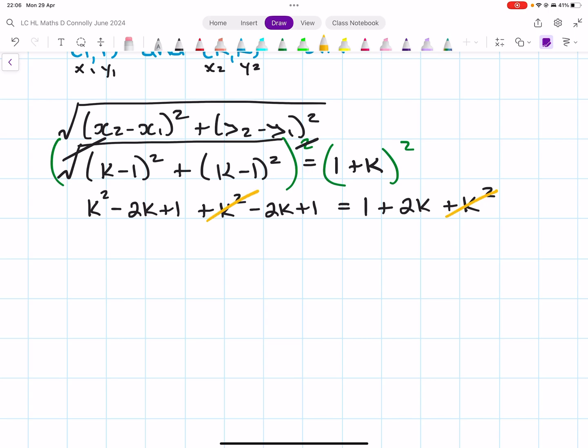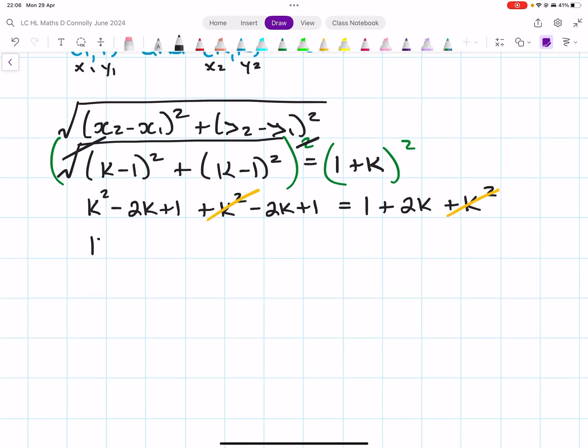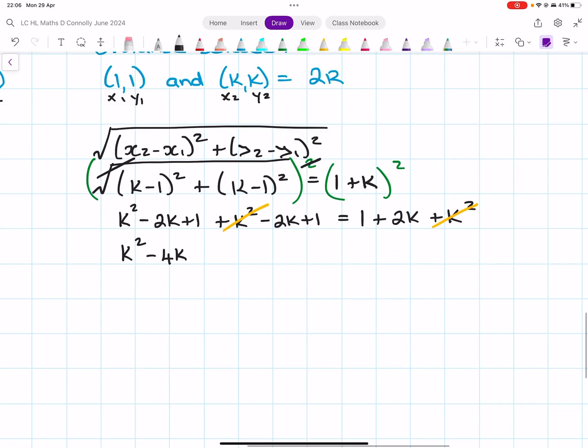One on the left and one on the right cancel. So I get, oh my god, is this going to work? I get k squared minus 4k plus 2. And then I'm going to bring the other ones across. Minus 1 minus 2k. So I get k squared minus 6k plus 1.